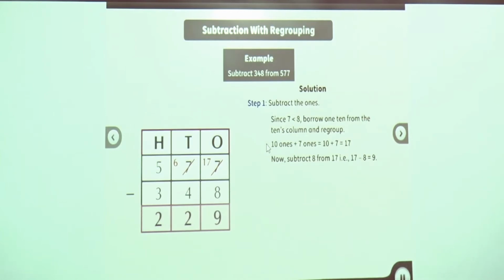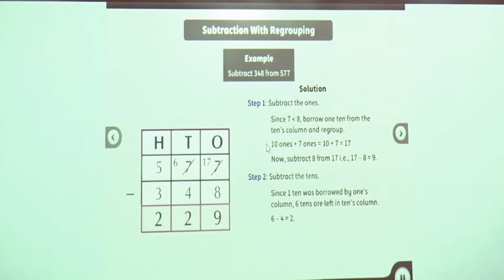So, 10 ones added to 7 ones is equal to 10 plus 7, which is equal to 17. Now, subtract 8 from 17. That is, 17 minus 8 is equal to 9.